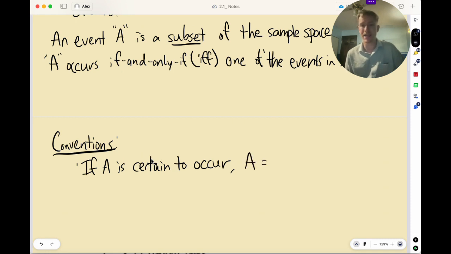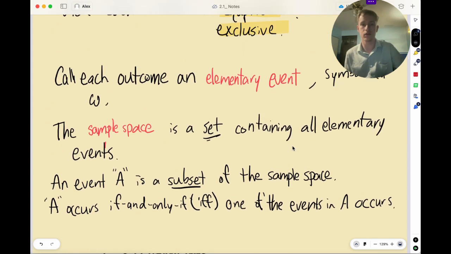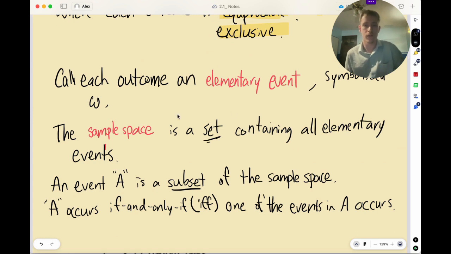Well, A would just be the entire sample space, which we're going to call capital omega, symbolized with the capital omega.